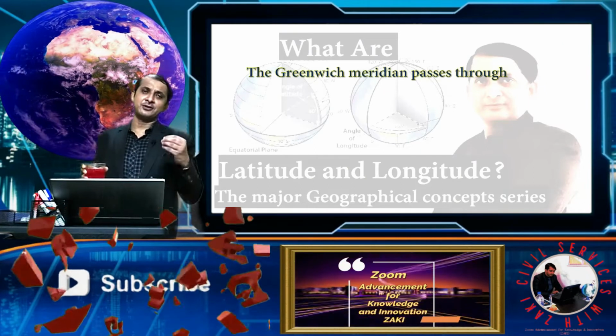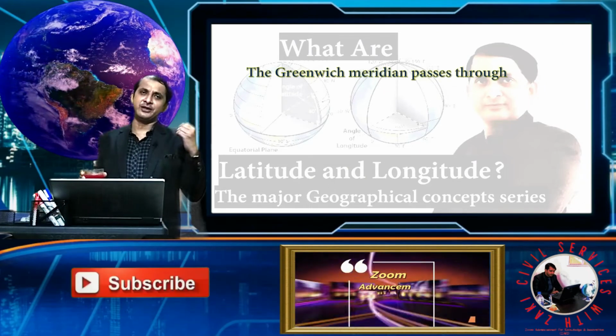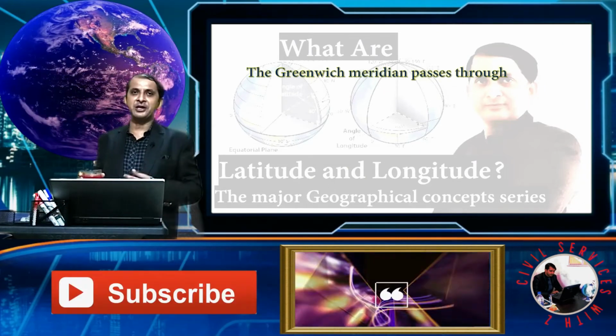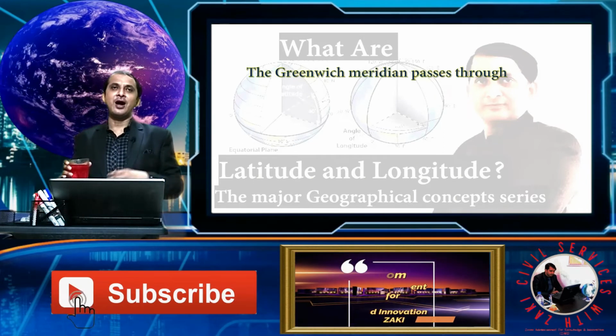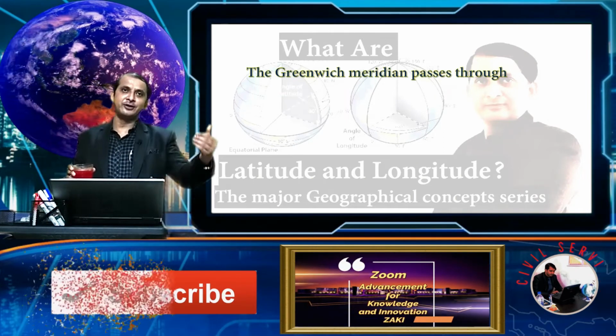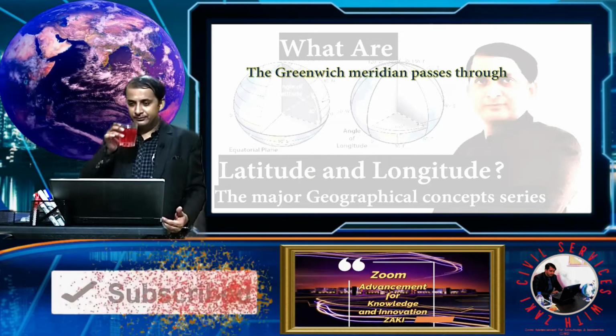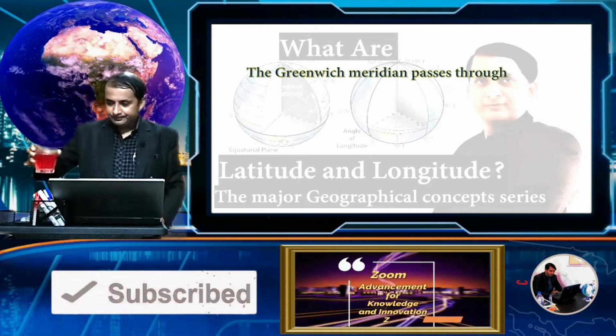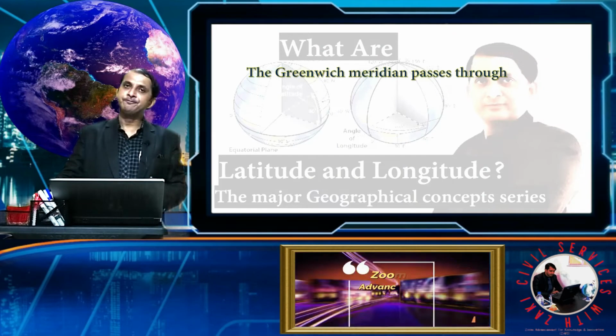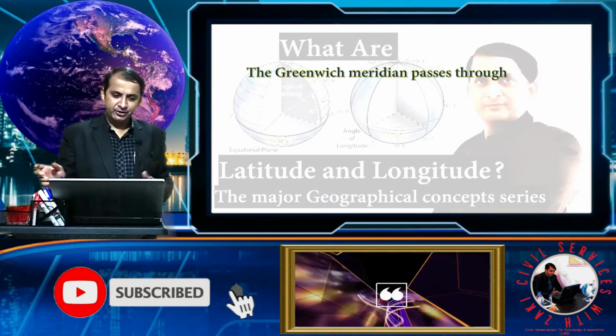This type of question is asked in various competitive examinations, whether UPSC or other state competitive examinations. So what are the countries lying on the prime meridian, or 0 degree longitude?